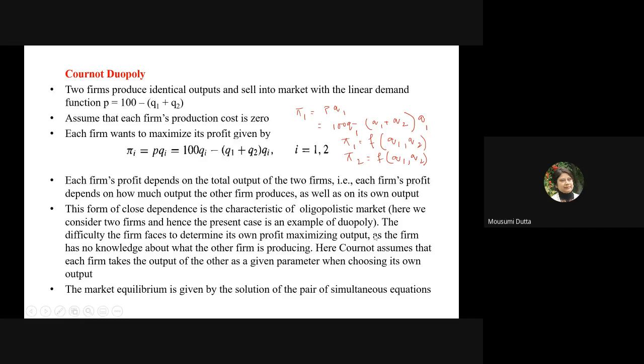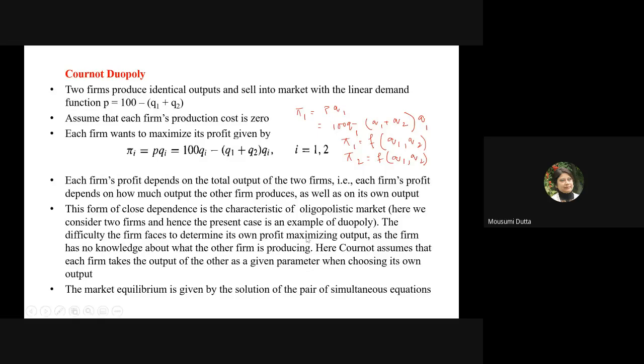This kind of dependence: my output decision will depend on your output decision, though I am maximizing my profit. My decision of profit maximization will depend on your decision of profit maximization too. So there is close dependence in the characteristics of the oligopolistic market.